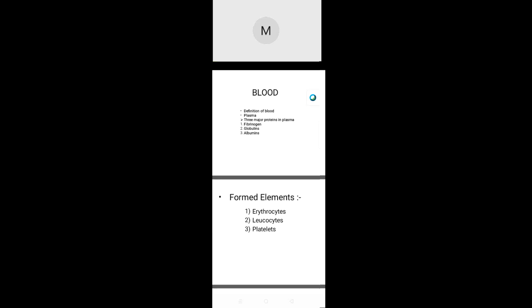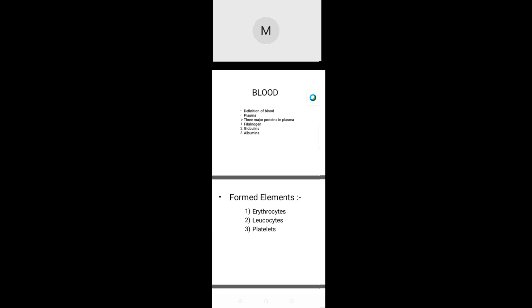Second, leukocytes. Leukocytes are also known as white blood cells (WBC), as they are colorless due to the lack of hemoglobin. They are nucleated and relatively lesser in number, averaging 6,000 to 8,000 per cubic millimeter of blood. Leukocytes are generally short-lived.